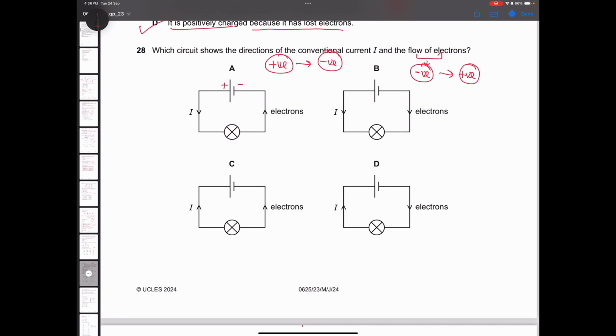Now, current is going from positive to negative. This is correct, but they're also showing that electrons are going the same way. This option is incorrect. Current should go like this, but it is showing the opposite way. Incorrect. Now, let's check option B. Current should be going positive to negative and electrons should be going like this, negative to positive. So option B is the correct one.